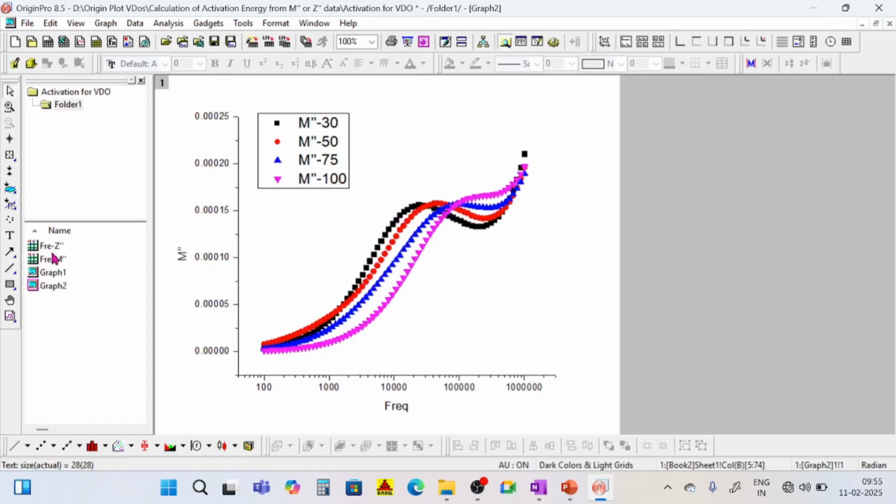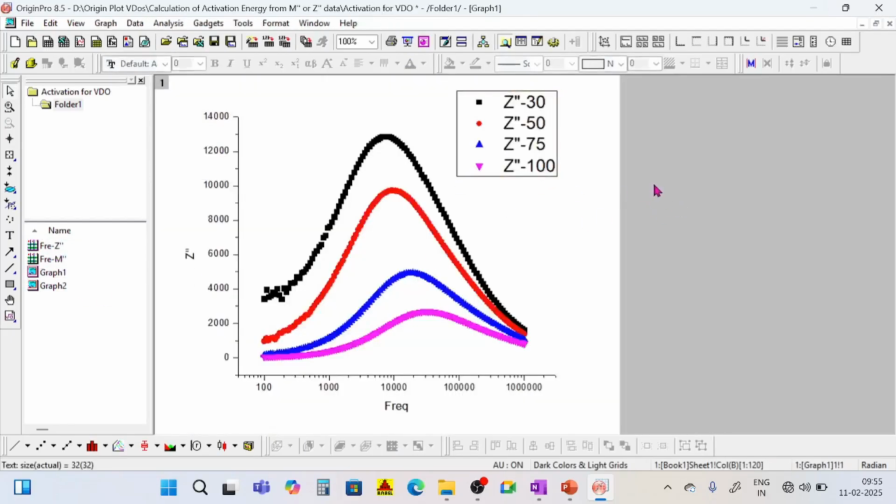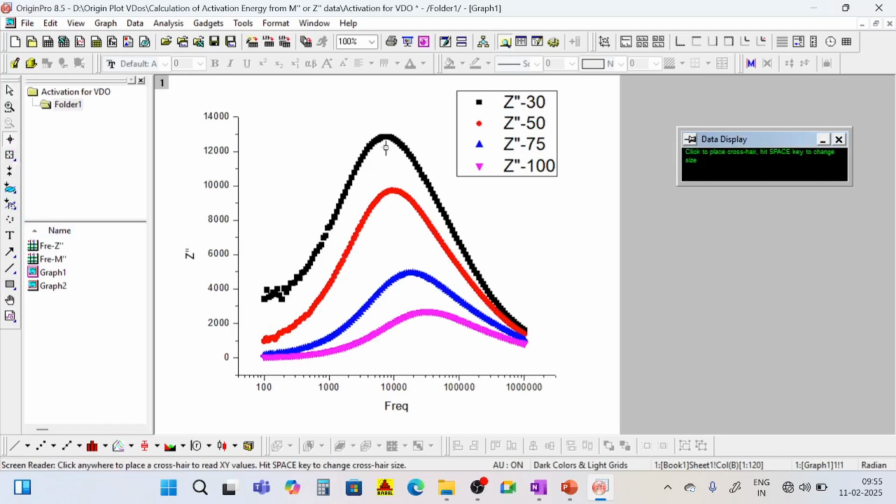So the corresponding frequency you can measure in two ways. First we are going to do it for the Z double prime data. Here you just click on this one, screen reader, click. If we click on this peak, you can find x and the corresponding y.